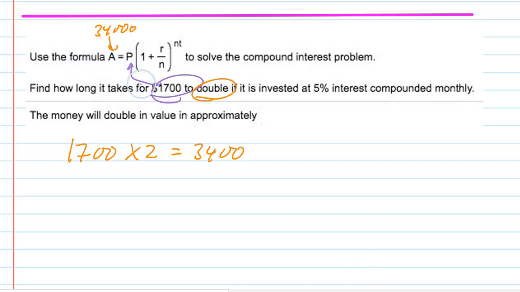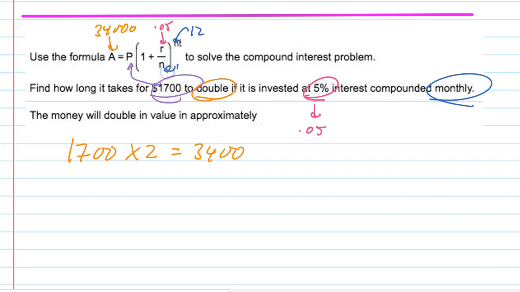They've already given me 2 of my variables. If it is invested at 5%, again, we can't use the 5% as is. You have to move the decimal twice. That becomes 0.05, so my rate here is 0.05. Compounded monthly. Well, how many months are in a year? There's 12 months in a year, so that means my n is 12.